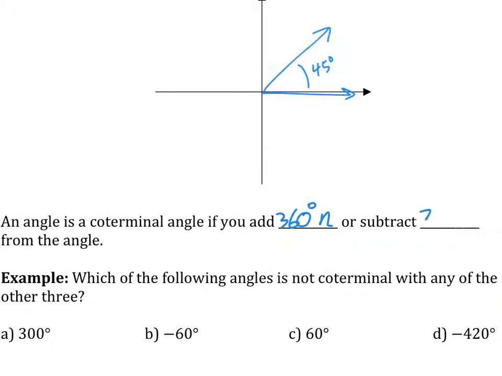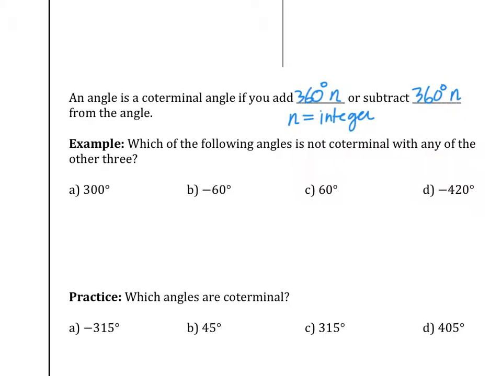Or you can subtract 360 times n. n is going to be an integer because it represents how many times you're going around the circle. Eventually you need to write n equals integer, because if you don't, you're saying n can be any real number. That's not true. It has to be an integer.